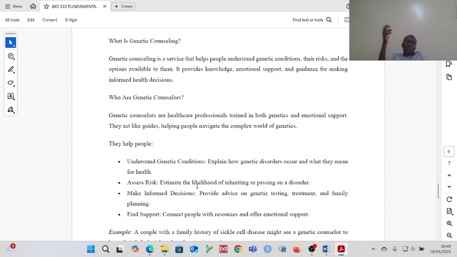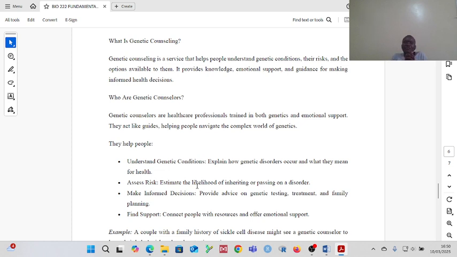So the future generations, how likely is it that they can inherit that disorder from you? So you will have an understanding that if I need to have a family, then this is the risk that my child might inherit this particular genetic disorder.